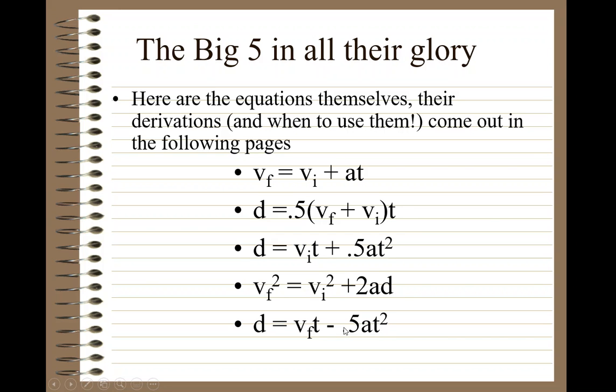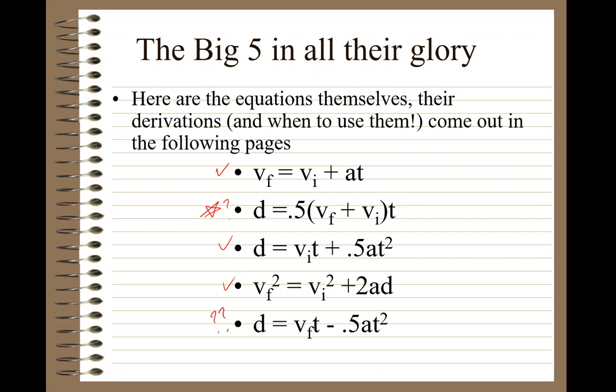And then finally, and this is the one that you probably won't see very often, you'll see this equation and this equation and this equation in almost, I'd say, any physics textbook. About half of them show this one, but then very, very few will show this one.